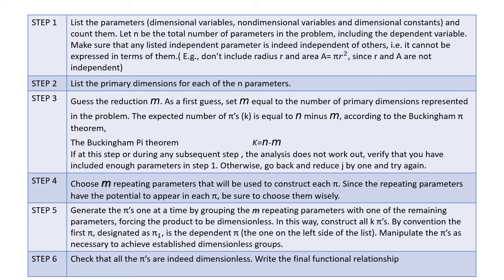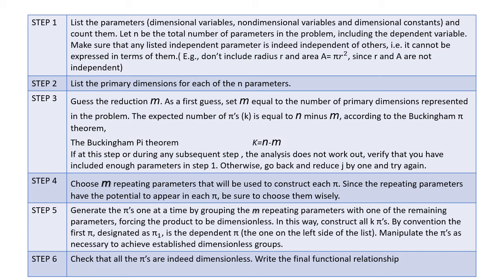Step 5 is to generate the pi's one at a time by grouping the m repeating parameters with one of the remaining parameters, forcing the product to be dimensionless. In this way construct all k pi's. By convention, the first pi, designated pi 1, is the dependent pi. Manipulate the pi's as necessary to achieve established dimensionless groups.